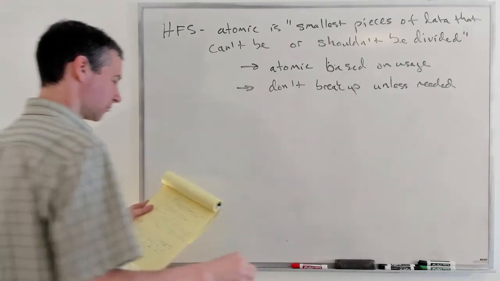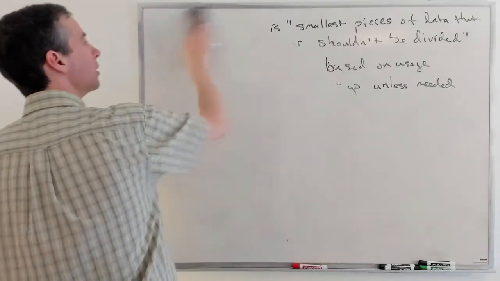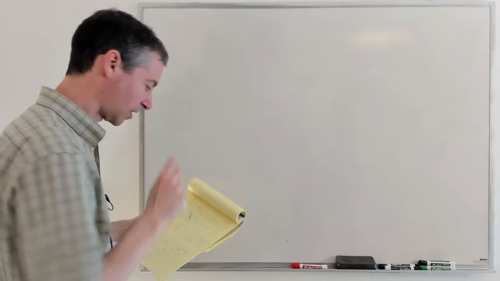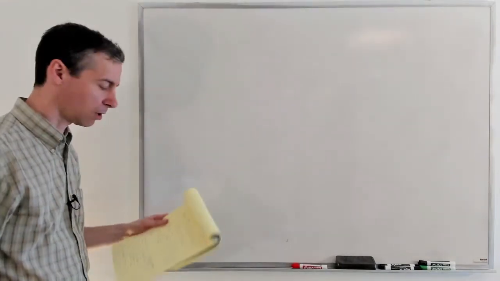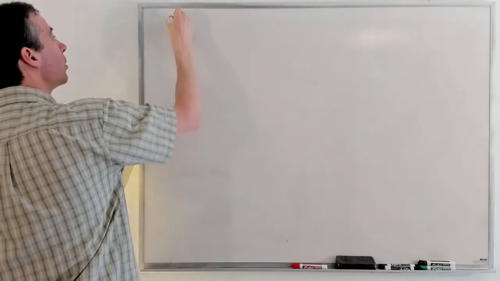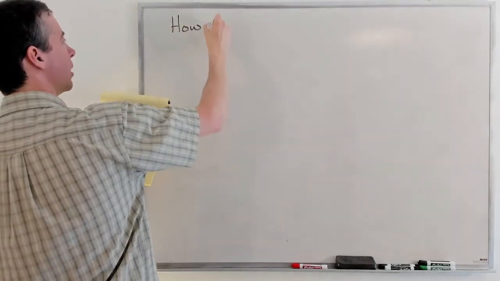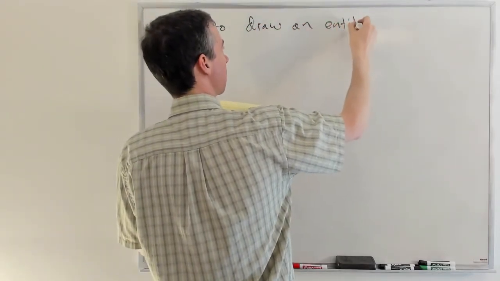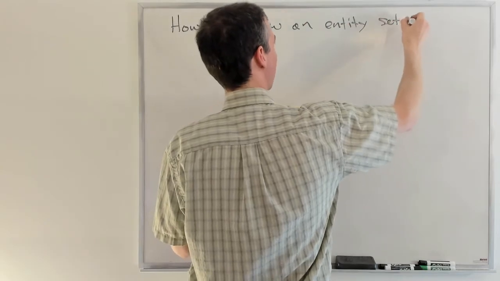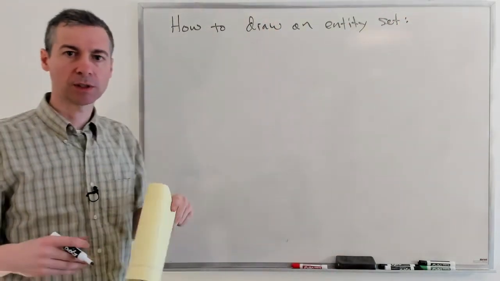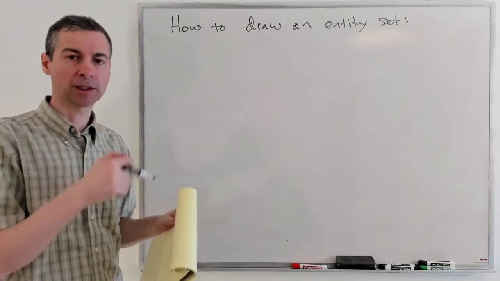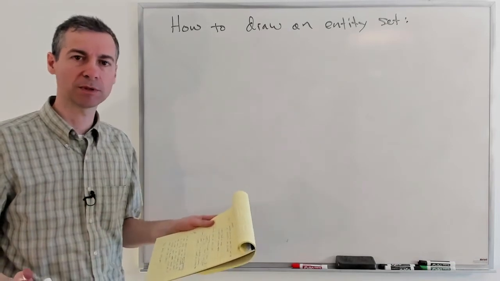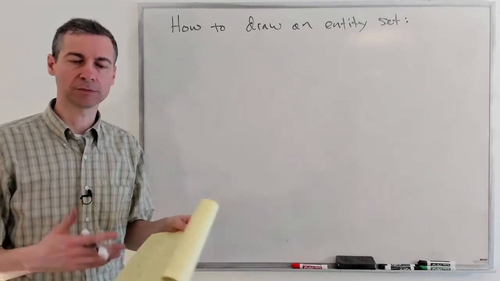All right. So now we've covered the basics of this table design. Let's now go over drawing it. So in an entity relationship diagram, this is how to draw an entity set. So this is a more formal way of specifying the aspects of our table than it would be of just listing some names and stuff.